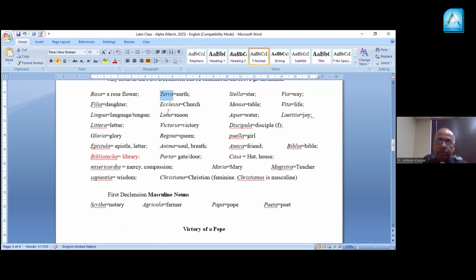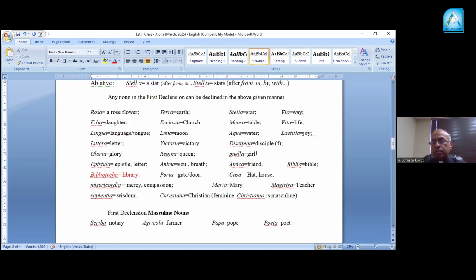Terra means earth. Ecclesia, church. Luna, moon. Victoria, victory. Regina, queen. Anima, soul, breath. Porta means gate. Porta misericordiae, gate of mercy. Misericordia is mercy, porta means gate. Stella, star. Mensa, table. Aqua, water.